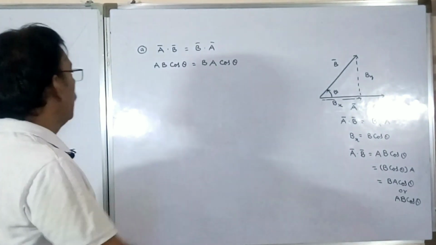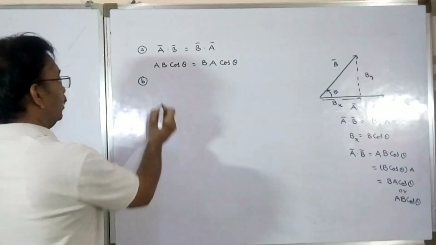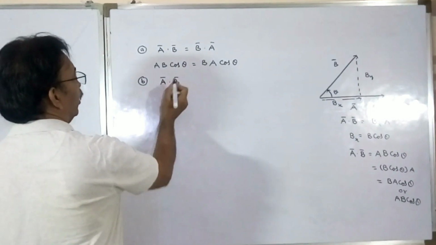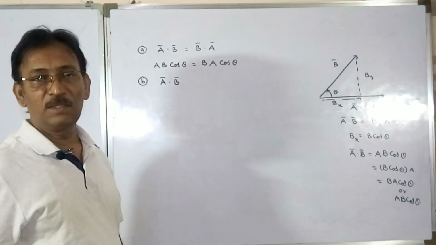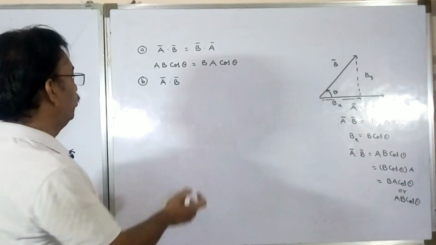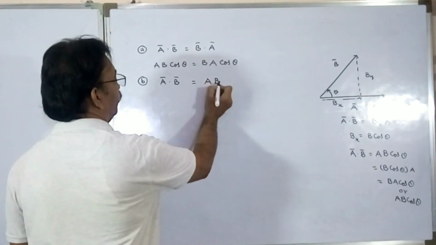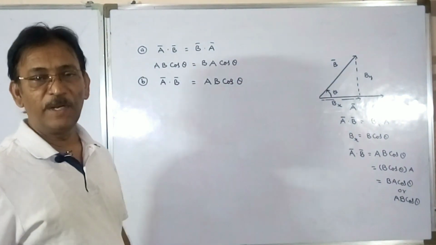The second property is the dot product of two perpendicular vectors. The dot product of two perpendicular vectors is always equal to 0. Here it can be written as ab cos theta. We said that they are perpendicular.